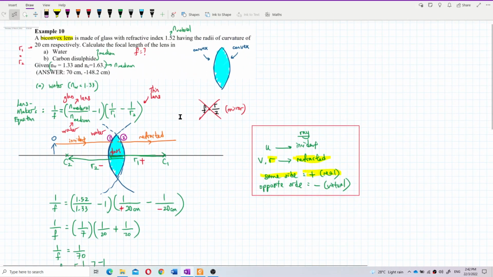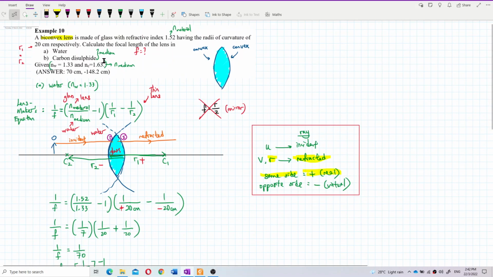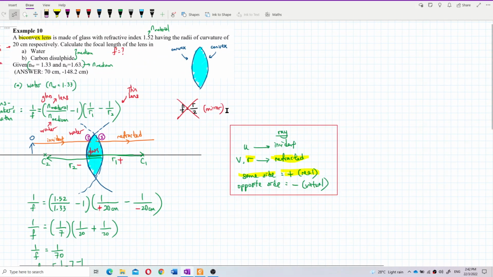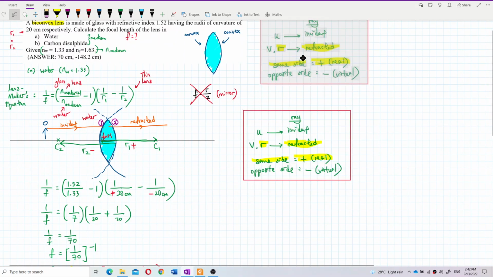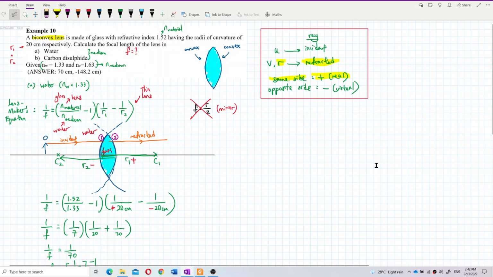Now how about putting it in carbon disulfide? Okay, so now question B. I want to put this over at the top here.